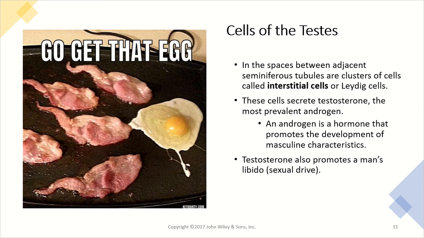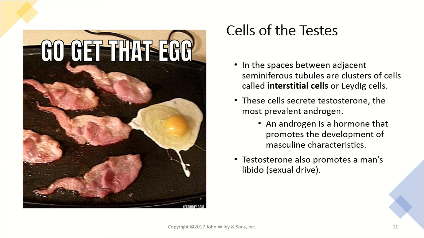So there are a couple of other cells that we can find in the testes. In the space between adjacent seminiferous tubules, there are going to be clusters of cells called interstitial cells, also called Leydig cells. These cells are going to secrete testosterone, and this is the most prevalent androgen in men.